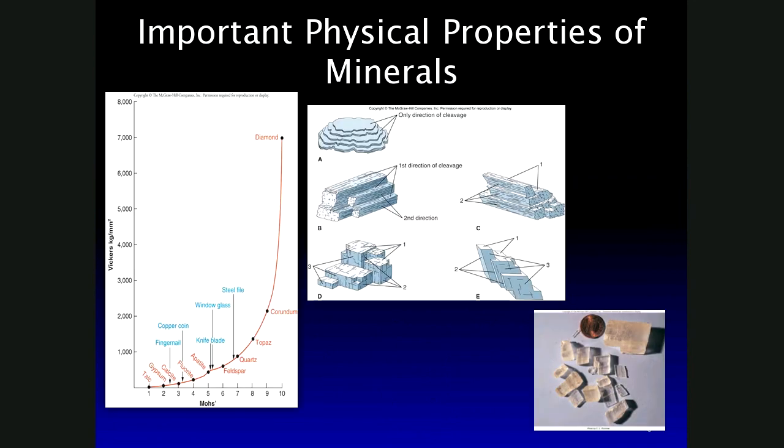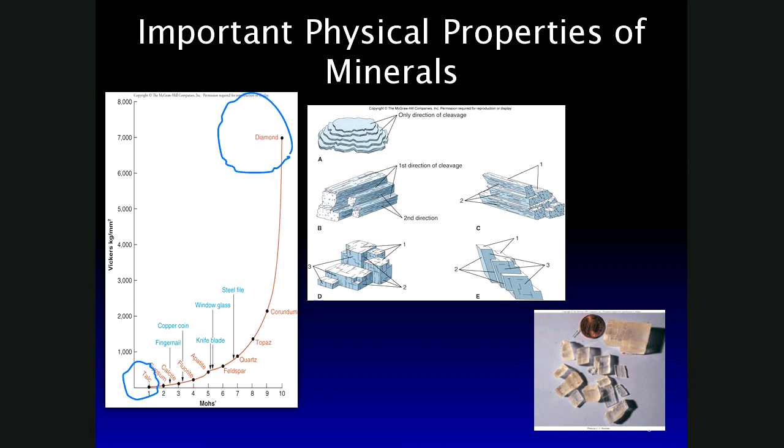Right here to the left, we have a figure that ranks minerals based on their ability to withstand abrasion. You can see diamond is near the top. The mineral talc is near the bottom of this scale. So talc is the softest mineral, diamond is the hardest mineral. In between we have other minerals.